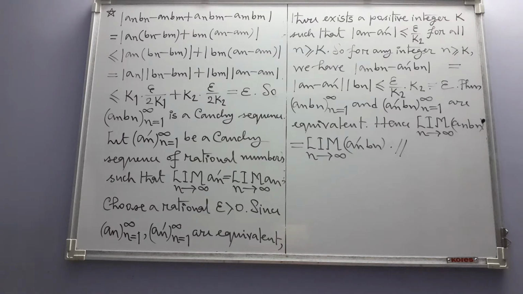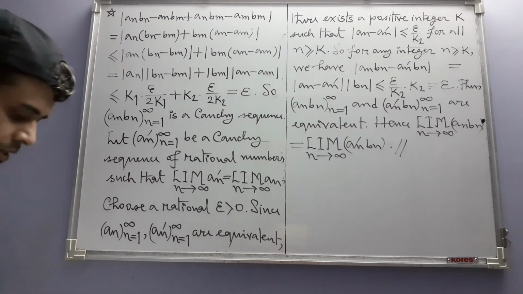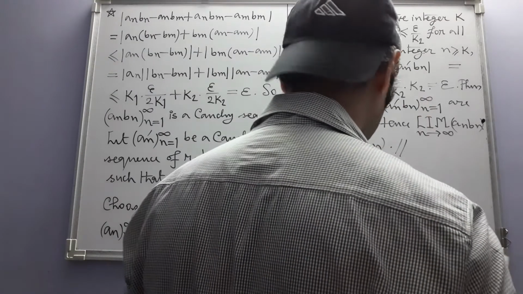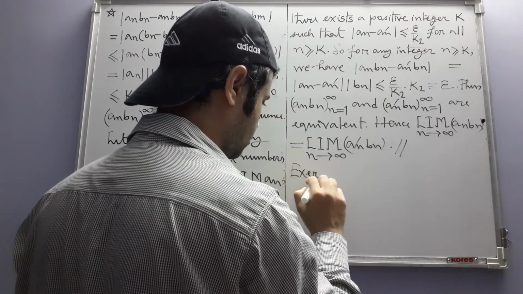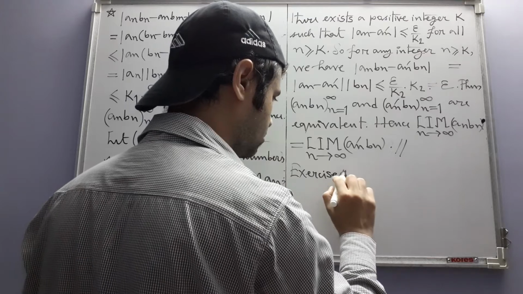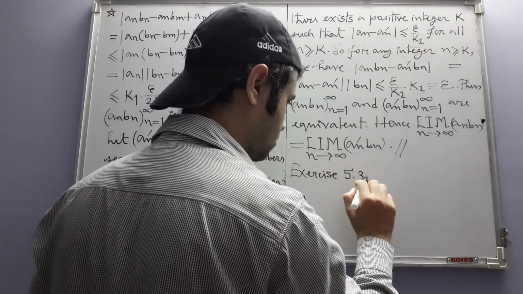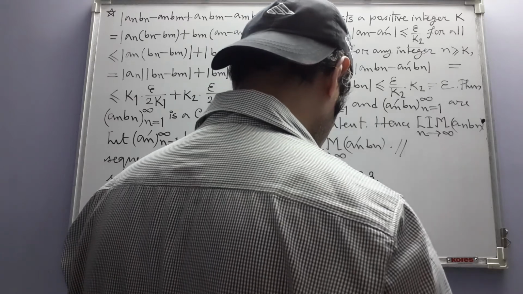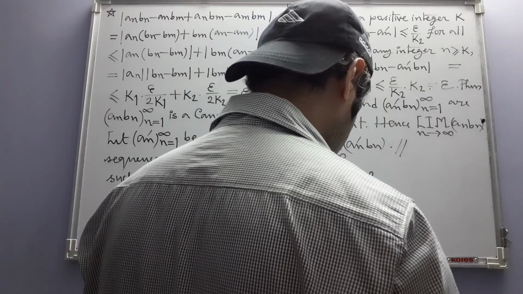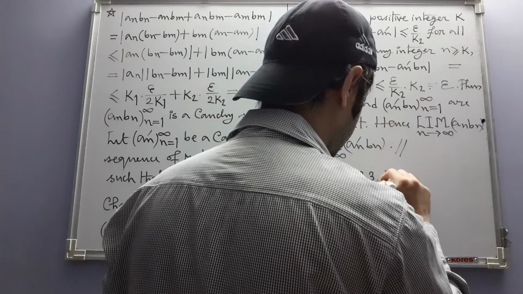Okay, now next exercise 5.3.3. Let a, b be rational numbers.